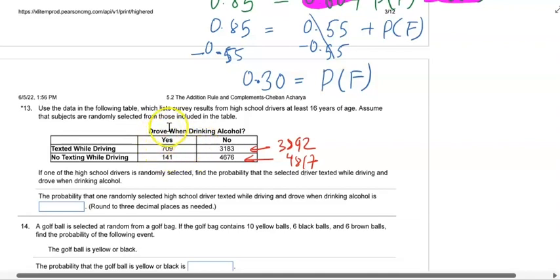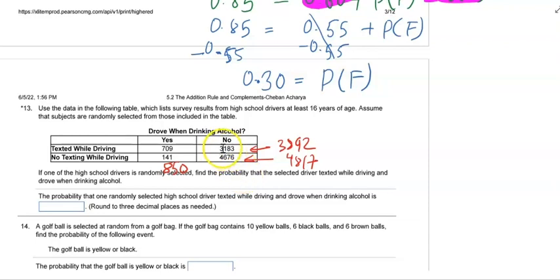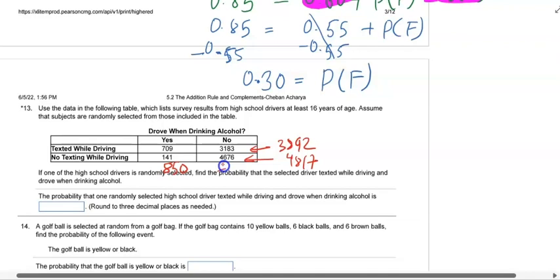And if you add the column, this means who drove when drinking alcohol. Let's see how many people drove while drinking alcohol. You add 709 plus 141, you get 850. You add 3183 and 4676, you get 7859, and 7859 are the people who do not drive when drinking alcohol.